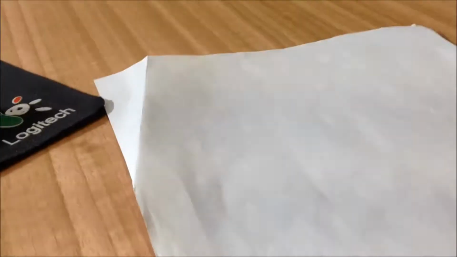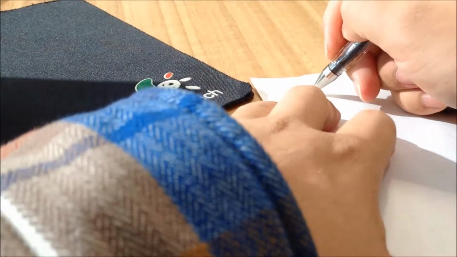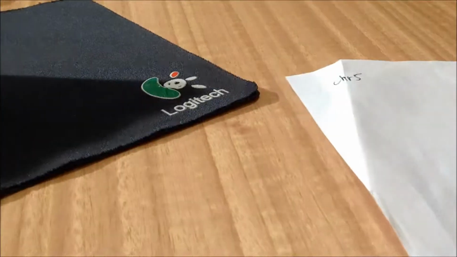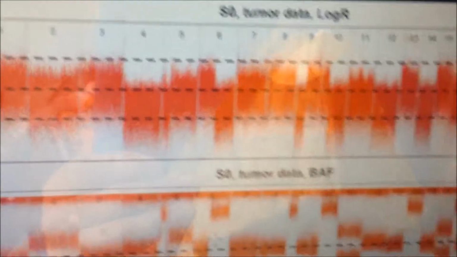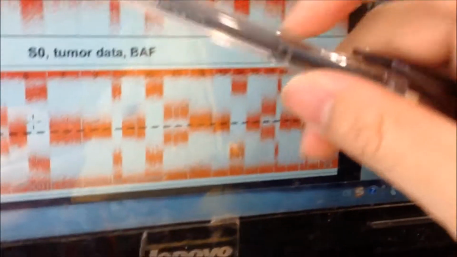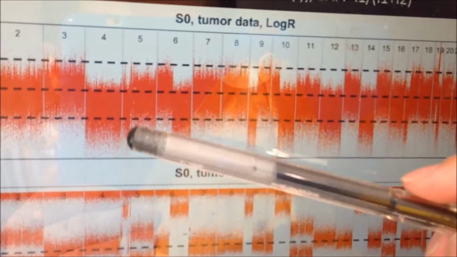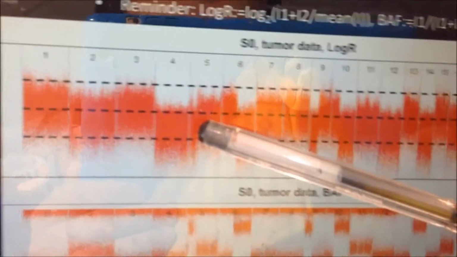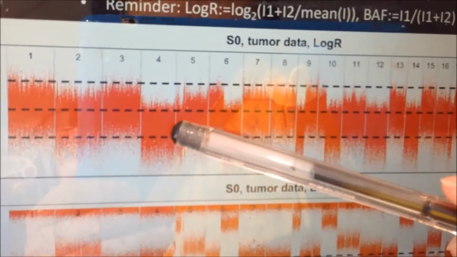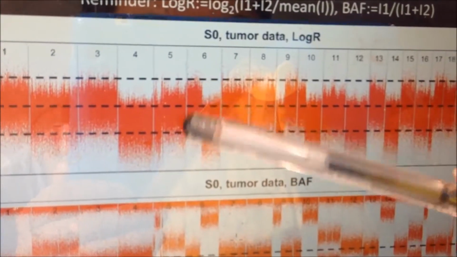Next, we can do a similar analysis on chromosome 5. For chromosome 5, we can see two parts. One part is the loss of copy at the log ratio of minus 0.75.